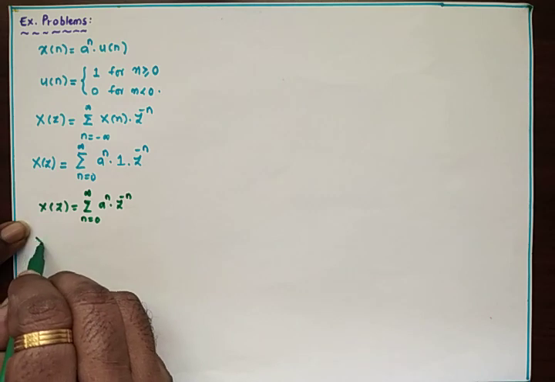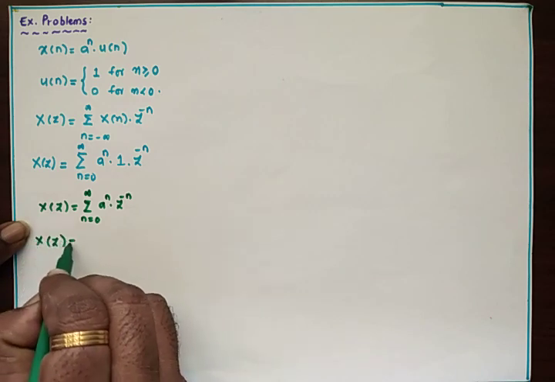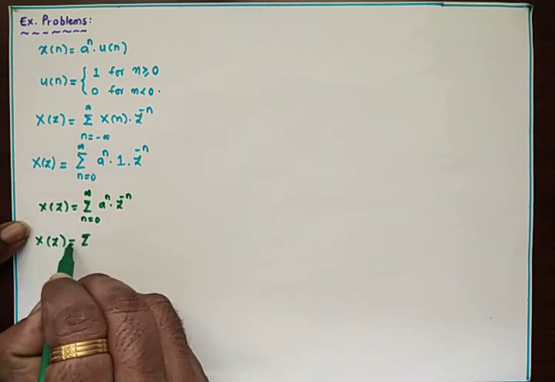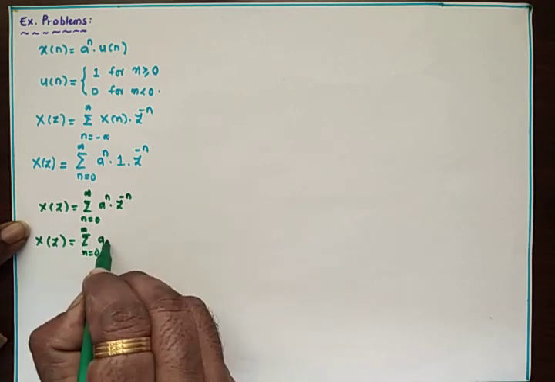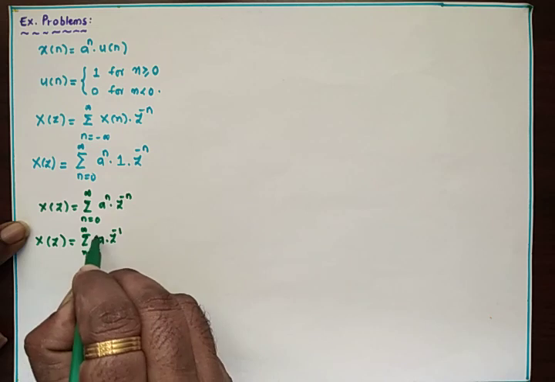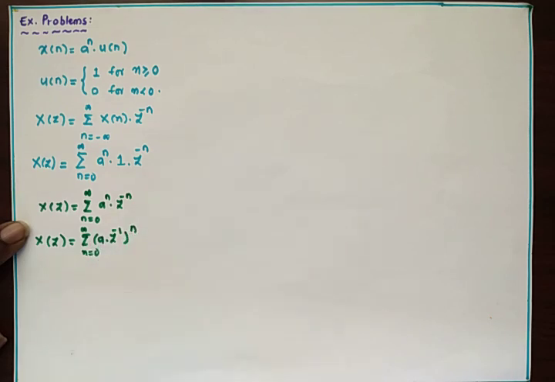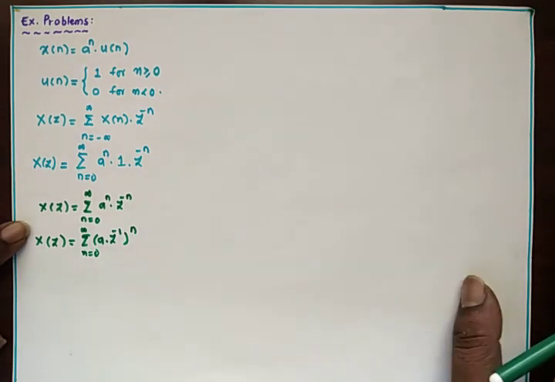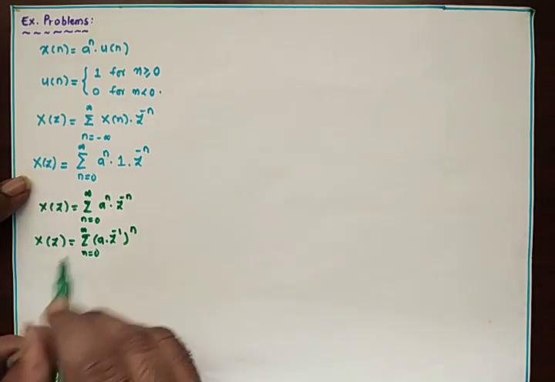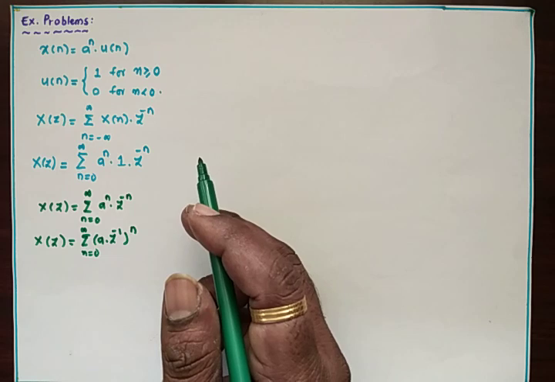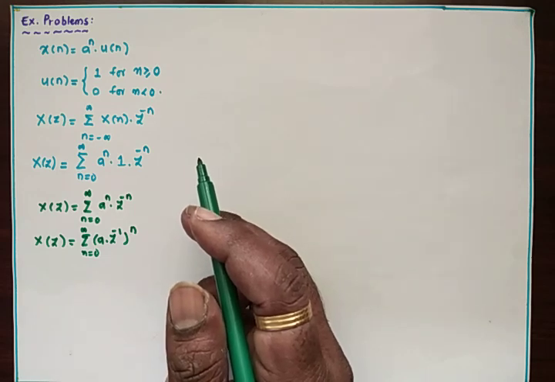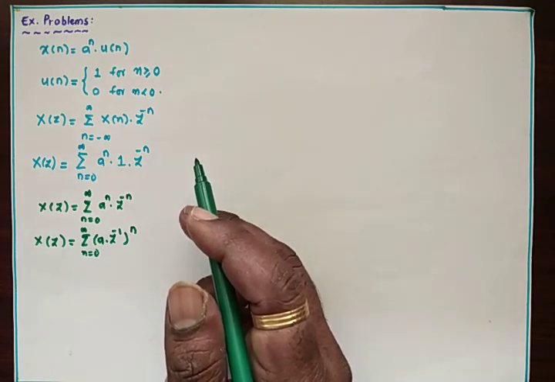I can write this as x of z is equal to sigma n equals 0 to infinity of a into z to the power of minus 1, whole to the power of n. So I write the common power. By substituting various values for n, I can have the signal like this.